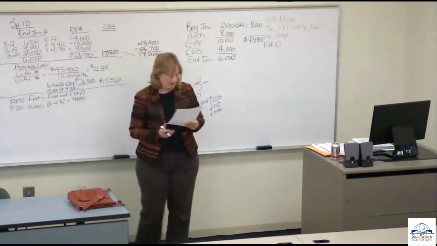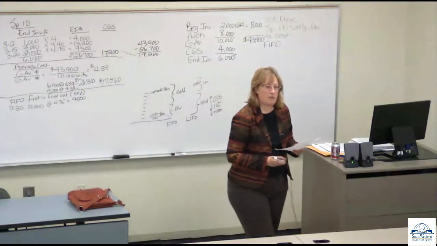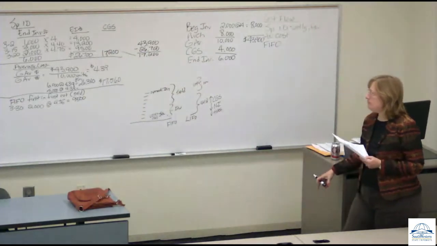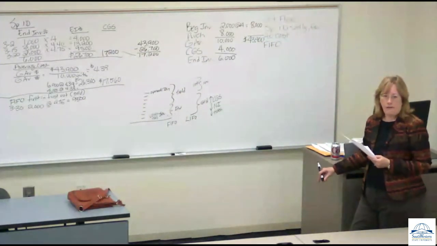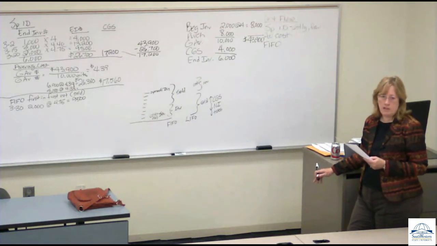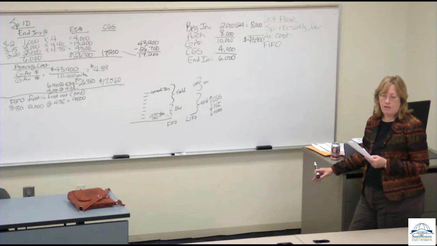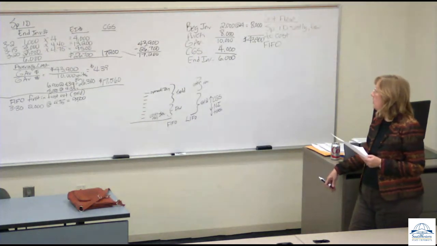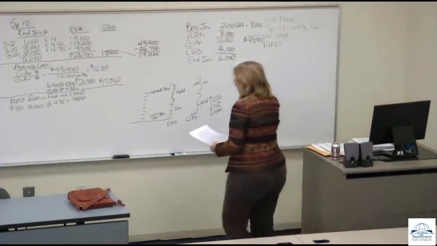And then what else did we have in ending inventory? How many more do we need? 4,000.